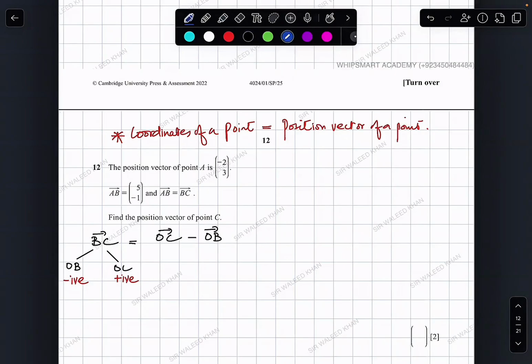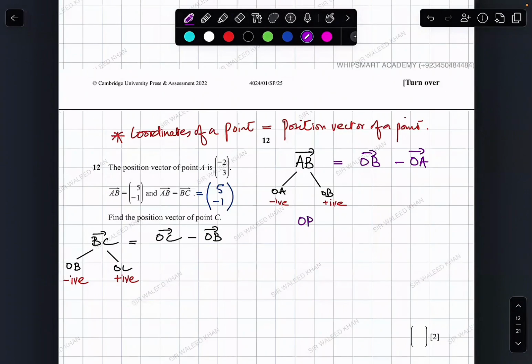So let me first write AB is equal to BC, and that is (5, -1), the same value. Now, if I split AB into its position vectors, so again, OA and OB. The first one is going to be a negative always, this one a positive. So OB minus OA. I have the value of AB. I can figure out the value of OB.